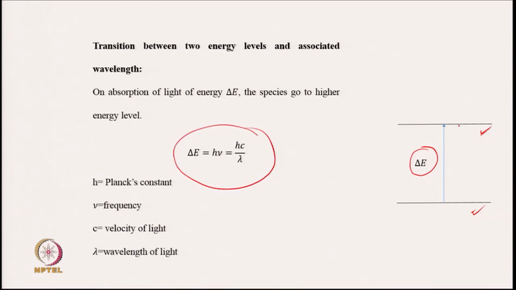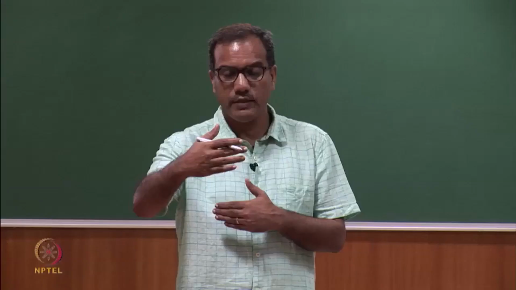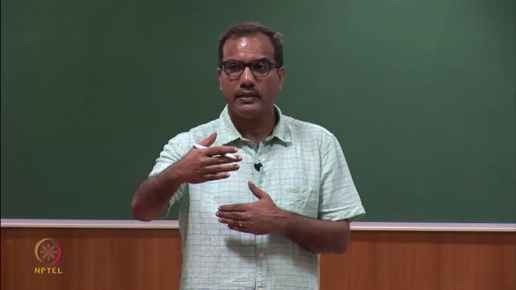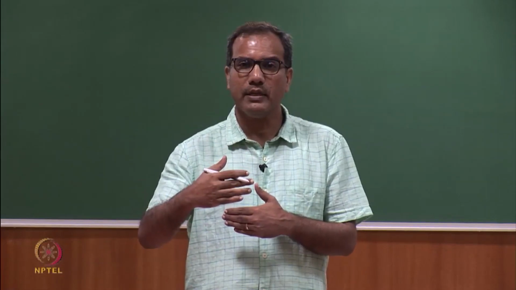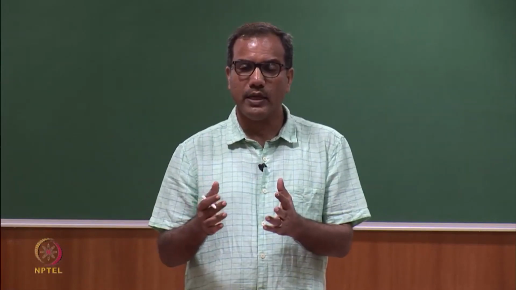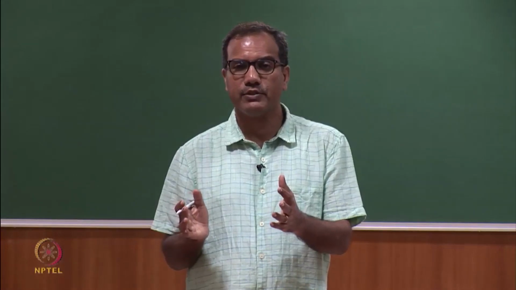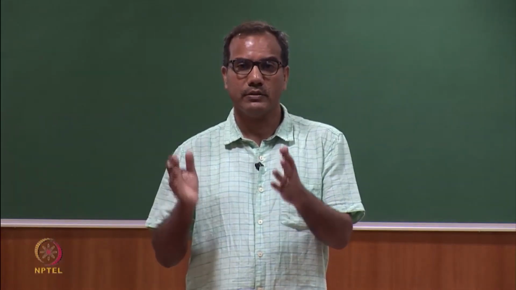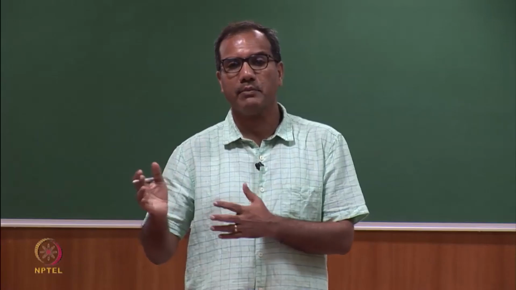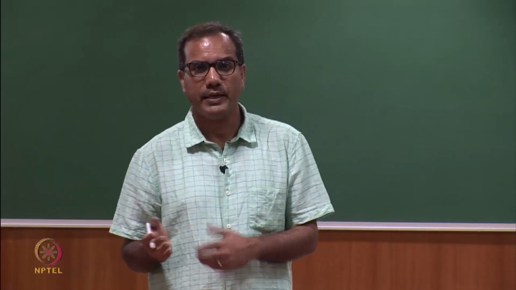If there is emission from this level to this level, then again you can see emission of the wavelength corresponding to this delta E value. If the energy difference is higher, then lambda will be smaller. If the energy difference is smaller, then lambda will be higher.